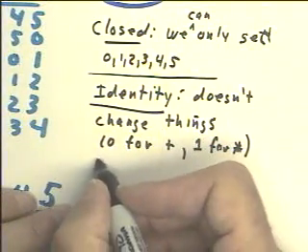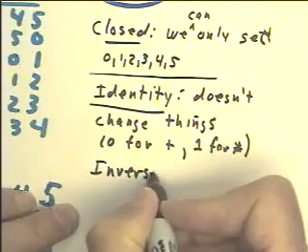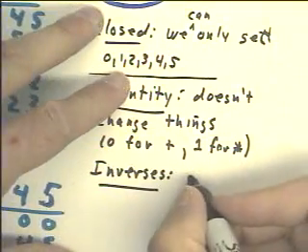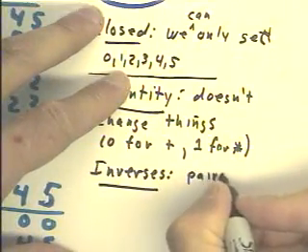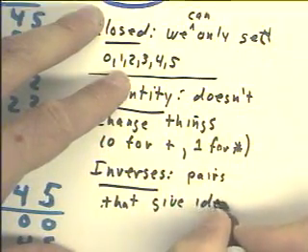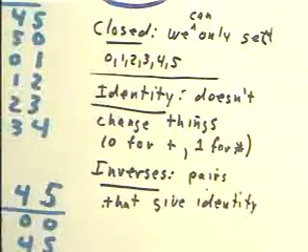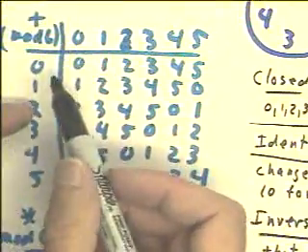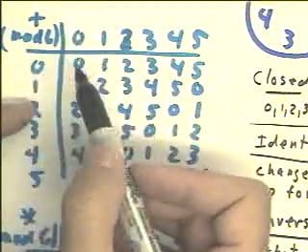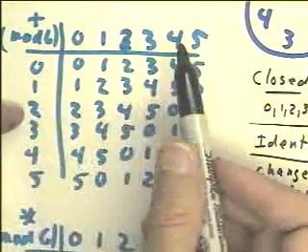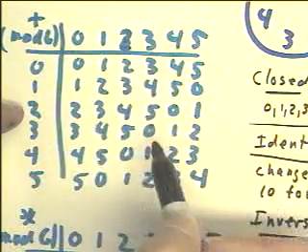Another important property is inverses. Inverses are numbers that we combine to get the identity. In the case of the addition table, the identity is 0. 0 and 0 give us 0. 1 and 5 give us 0. 2 and 4 give us 0. 3 and 3 give us 0.